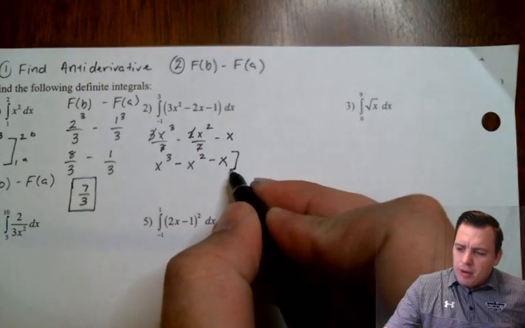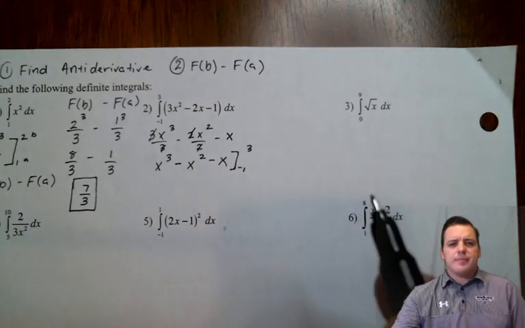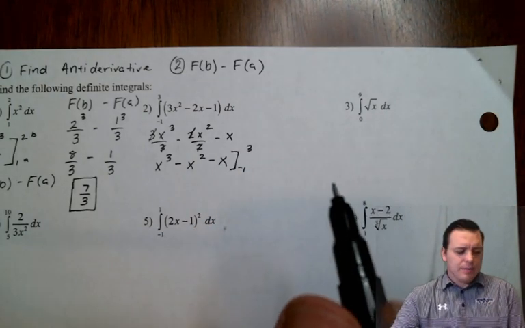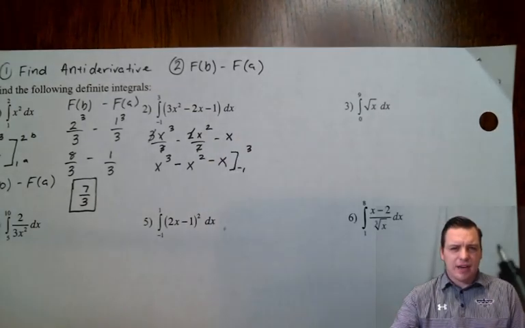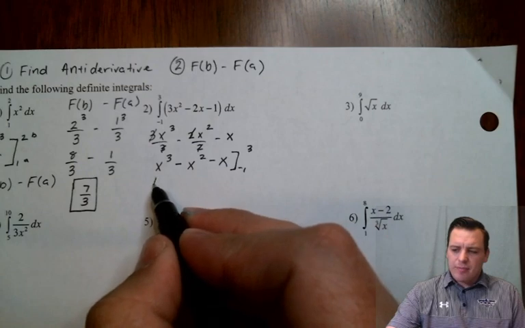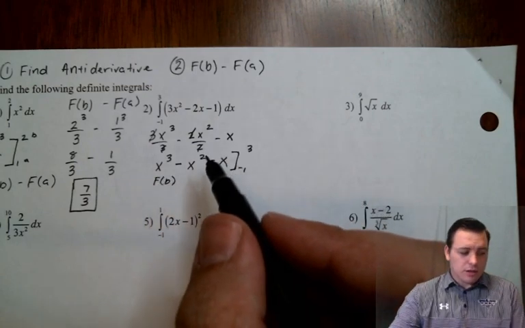Now we put our limits, and it's -1 and 3. Okay? Now again, guys, keep in mind that we have to say f of b minus f of a. So f of b would look just like this.